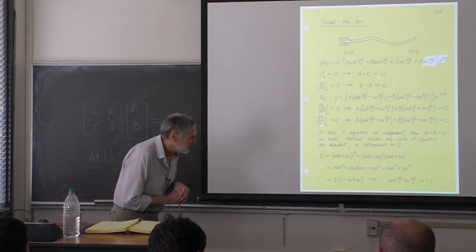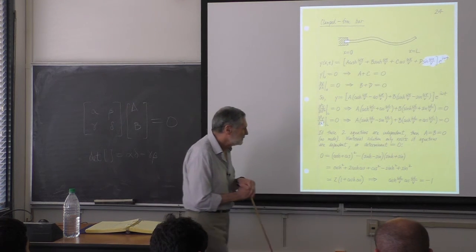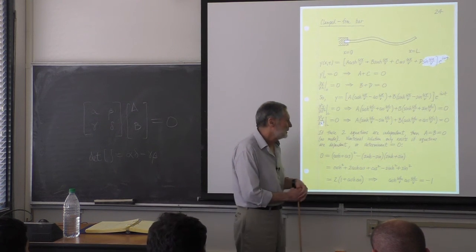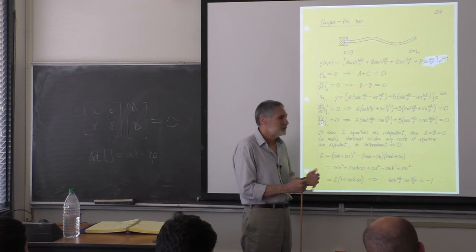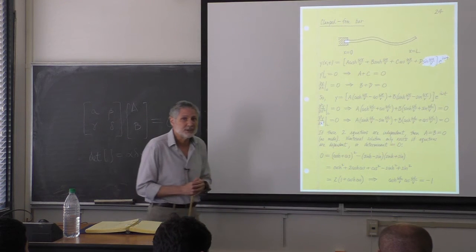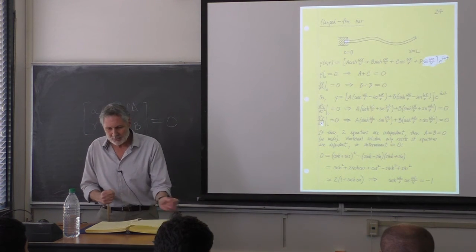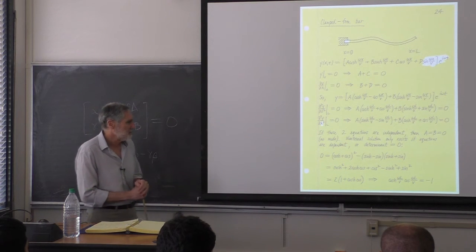Now, what's next? What kind of an equation is that? This is our equation. It's going to tell us what the frequencies of the modes are, the standing waves, the normal modes. What's the next thing you would do here?